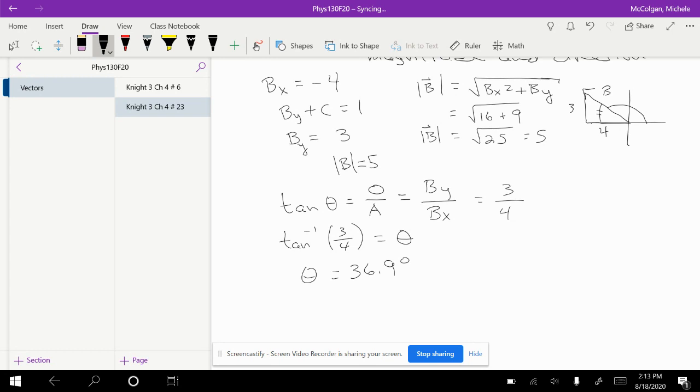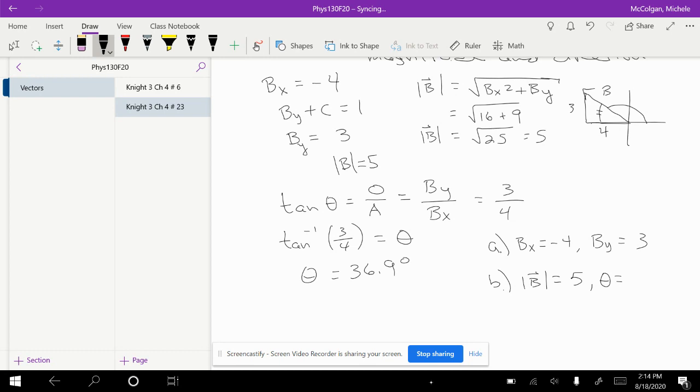So when I write this out, my answer is Bx is equal to negative 4, By is equal to 3, the magnitude of B is equal to 5, and theta is equal to, so we found this angle over here, but we need to subtract.